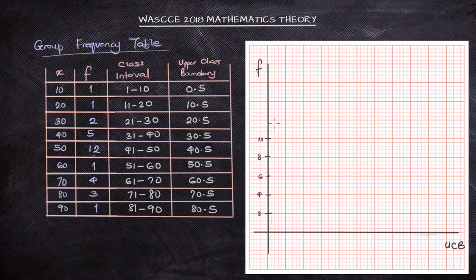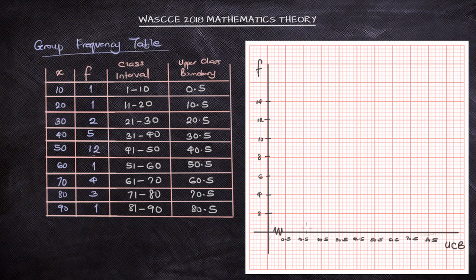So my gradation will be 2, 4, 6, 8, 10, 12, 14. I'm having 12 as the highest number. But on the upper class boundary, it's not going to be linear. I'm going to start with 0.5, then put in an increment of 10 as shown in the diagram. 0.5, 10.5, 20.5, and so on.